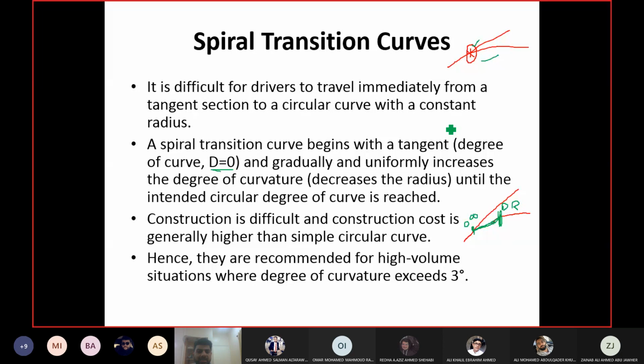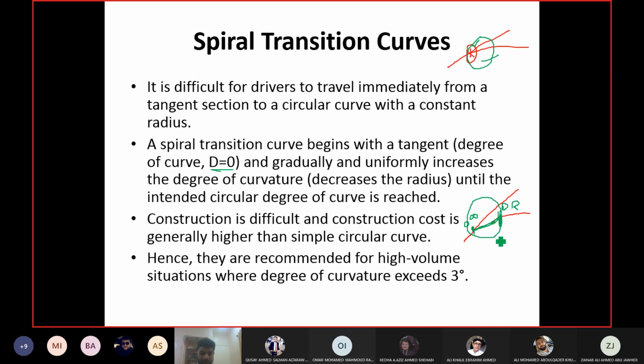A circular curve is easier to make in the field as compared to a higher degree spiral transition curve. And obviously, if you are asking me to do something more complicated as a contractor, I will ask you for more money as well. So constructing this part as a horizontal curve is easier and cheaper as compared to constructing the same length as a spiral curve.